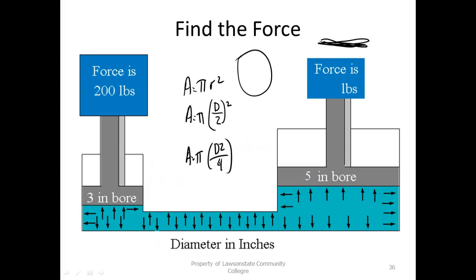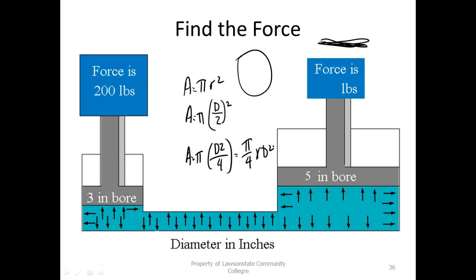Then I can split this out and say, pi divided by 4 times the diameter squared. That would be the same thing. Well, I can take pi divided by 4, and I come up with 0.785. So what you can do right off the bat, and most of these things you can square in your head.